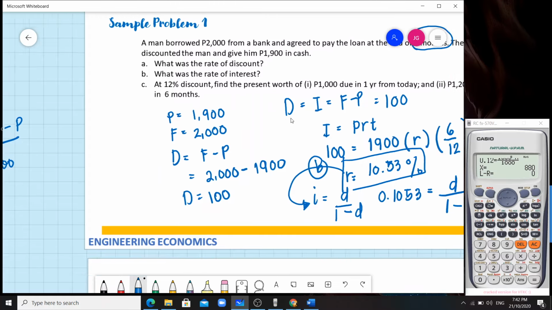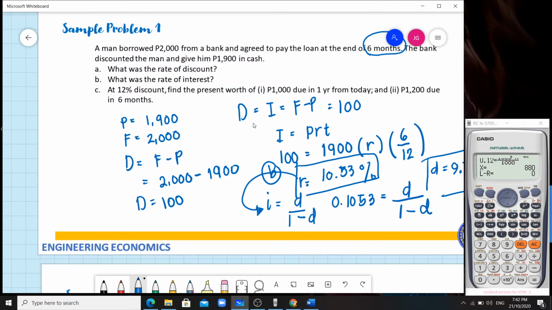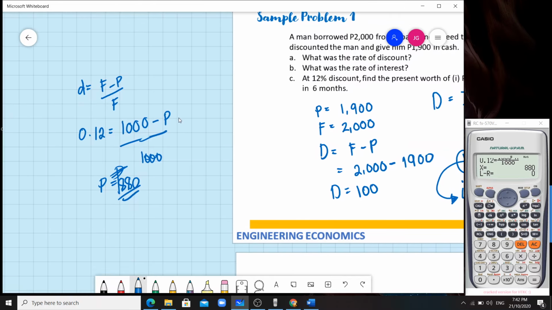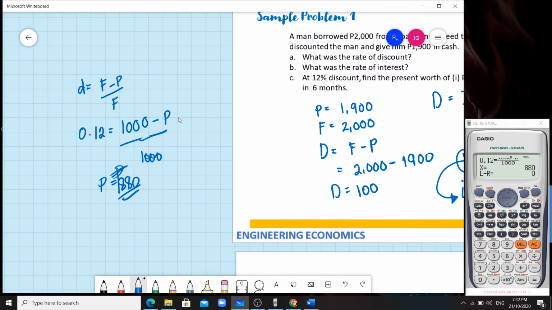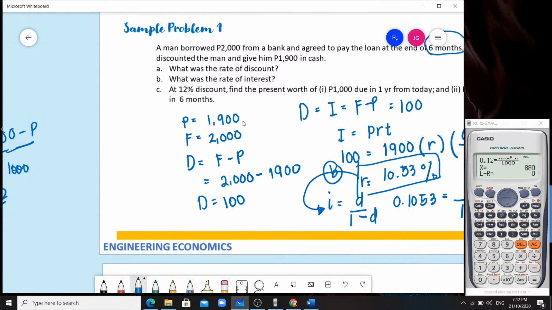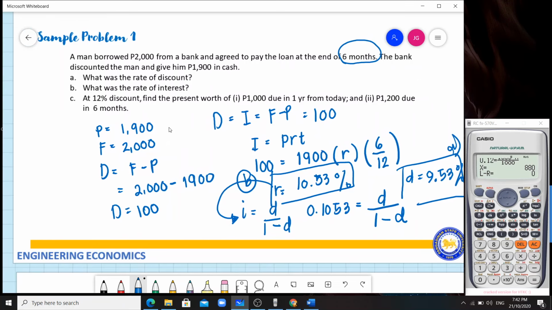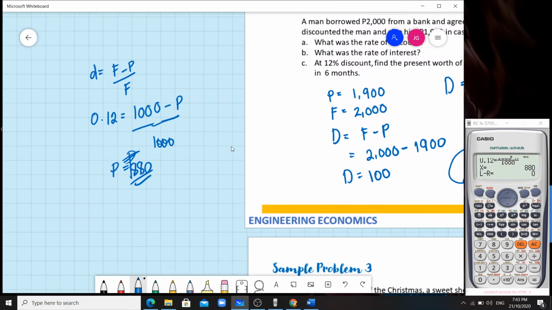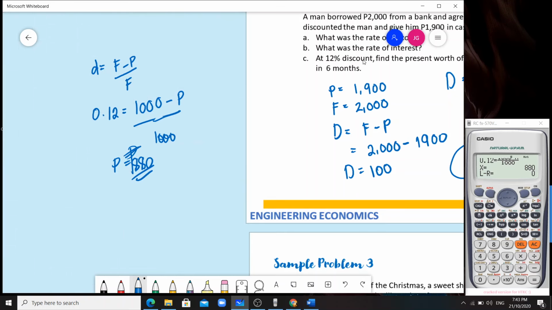Okay, now, next is 1,200 due in 6 months. At 12% discount, ano ang present worth niya? Okay. Now, dahil 6 months to, tapos itong discount, diba sinabi natin is yearly siya.